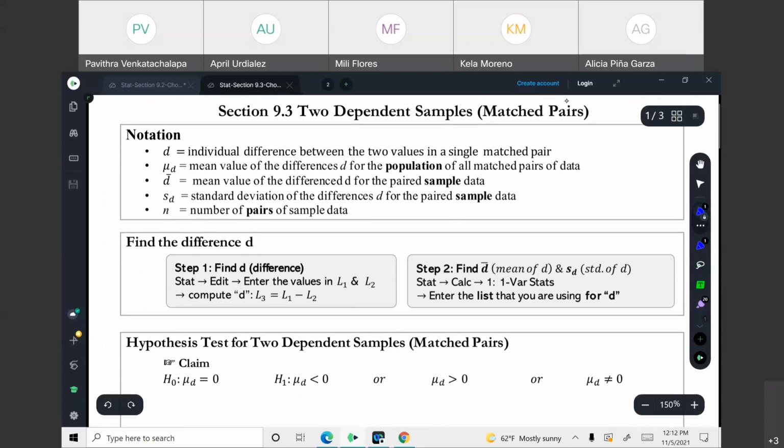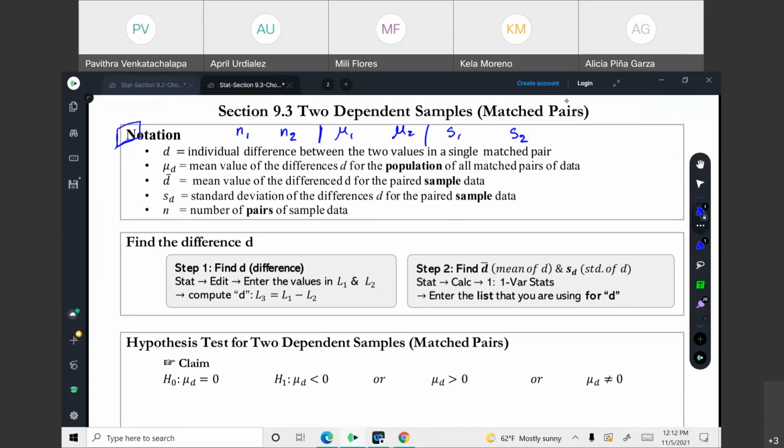These are the notations we use in this section. D is the individual difference. When there are two samples, we will have two of everything, could be a sample size, mean, or standard deviation. When it comes to two dependent samples, we will take everything to be 0.